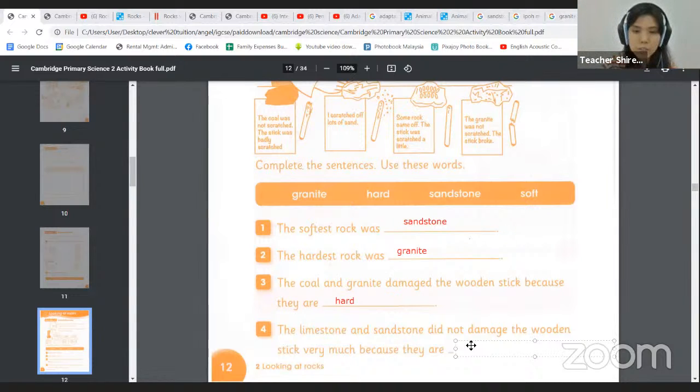Limestone and sandstone did not damage the wooden stick very much because they are hard or soft.